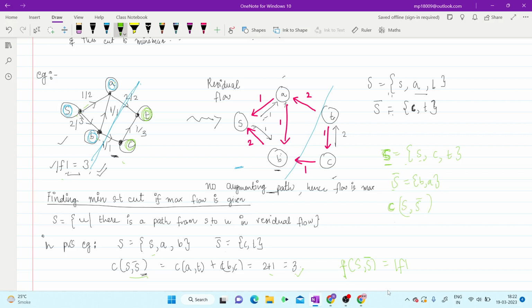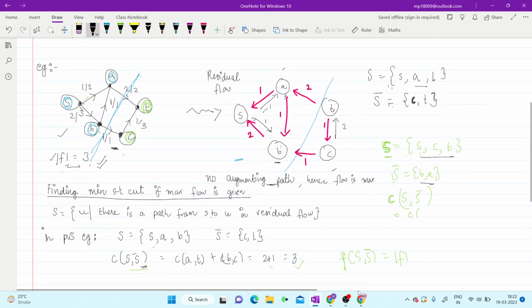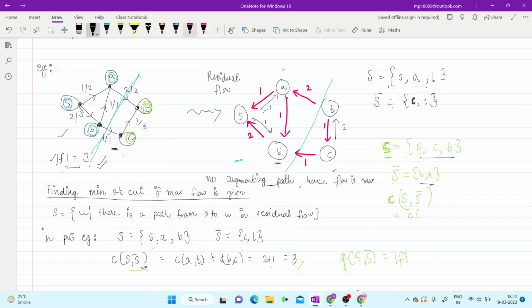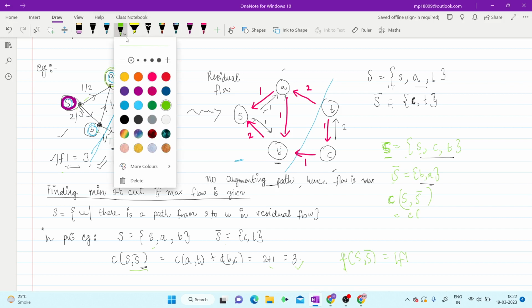I can't see the cut where you draw. No, this is the cut, S, C, T, B, A. So this is the new cut. I am drawing the cut which is suggested by you only.